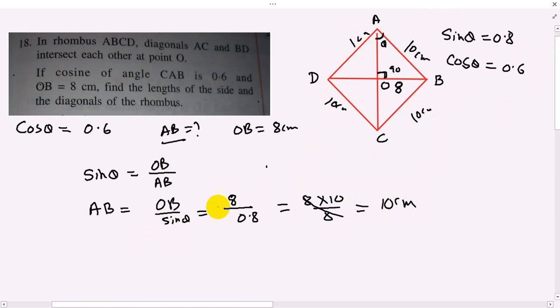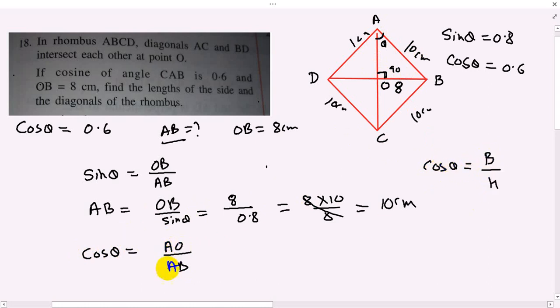Done. Now to find AO, we can apply the formula cos theta. Cos theta is equal to AO upon AB, that is, base upon hypotenuse.